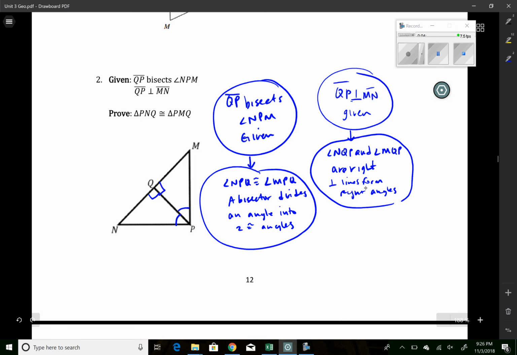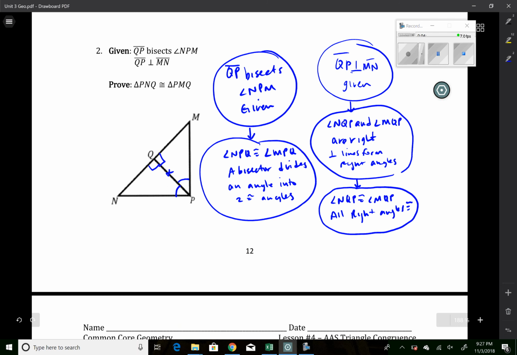The next thing we can say is that angle NQP is congruent to angle MQP because all right angles are congruent. And then the last thing we see is the reflexive property.